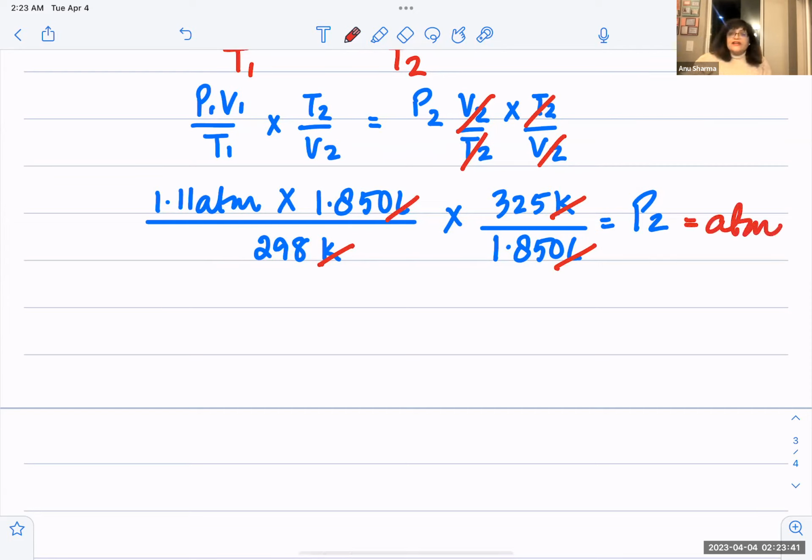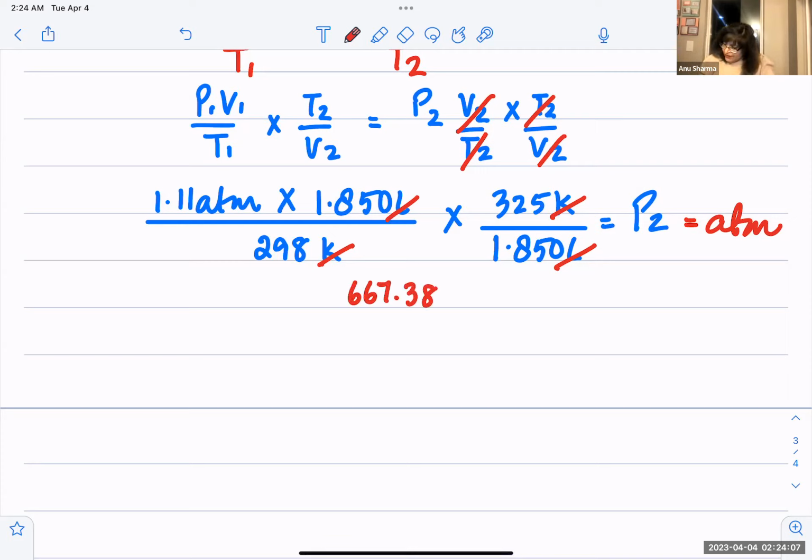Let's look at these values now. 1.11 times 1.850 times 325 gives you 667.38.